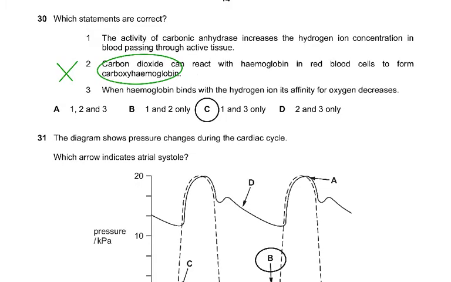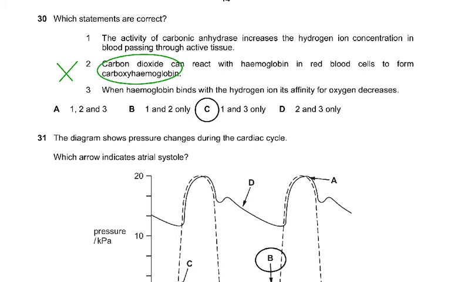Question 30 was again a bit of a trick, trying to check how confused you can become. Which statements are correct? The activity of carbonic anhydrase increases the hydrogen ion concentration in blood passing through active tissue. Carbon dioxide can react with hemoglobin in a red blood cell to form carboxyhemoglobin.